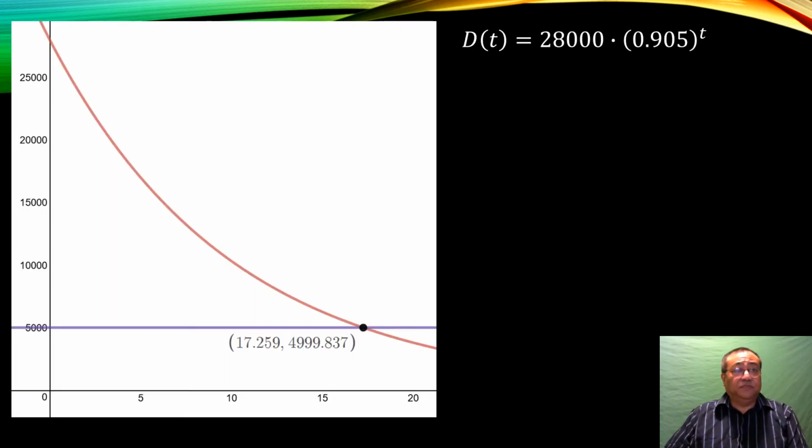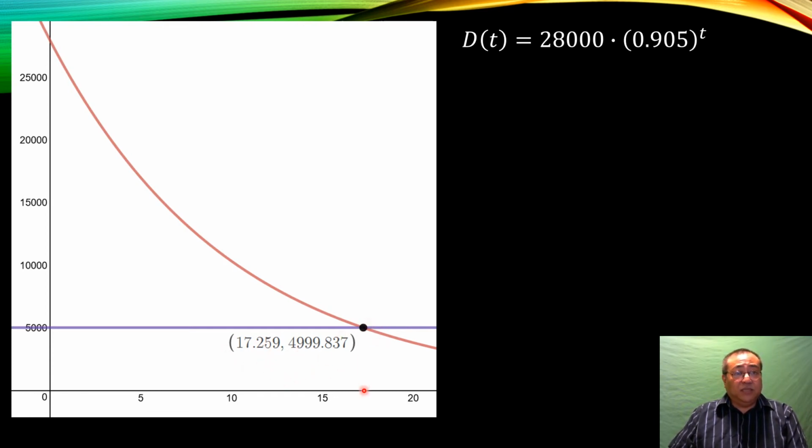Let's graph this. So there is the graph. At t equals 0, anything to the 0 power is 1, so it's 28,000 times 1. So there's our y-intercept, where t equals 0. Plug it in, and you get 28,000. Now, after 5 years, it's about here, and then 10, and then 15, and then here. This line is the line y equals 5,000. They intersect at 17.259.